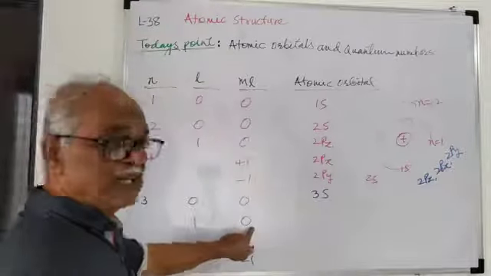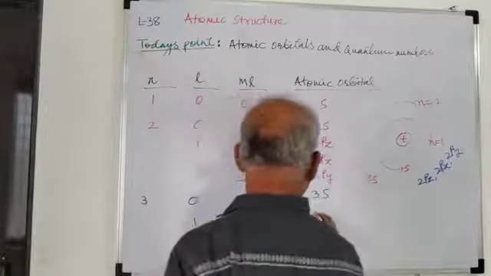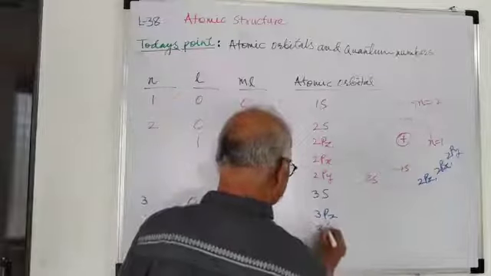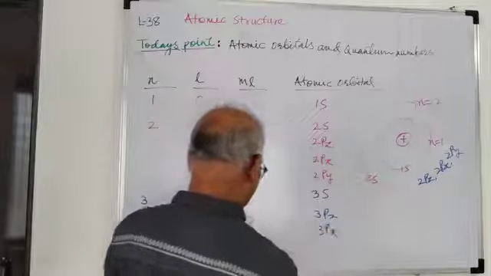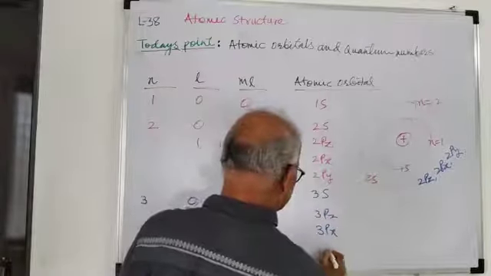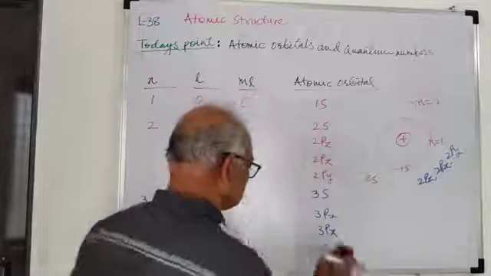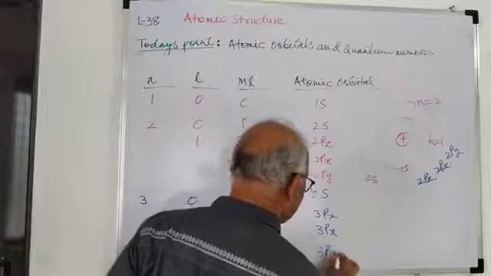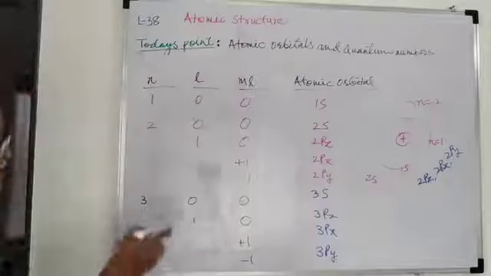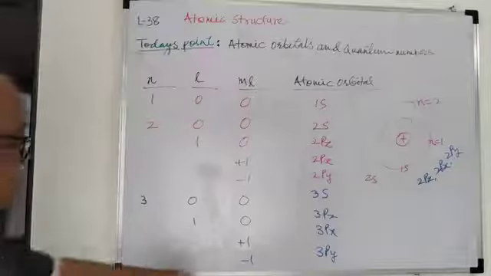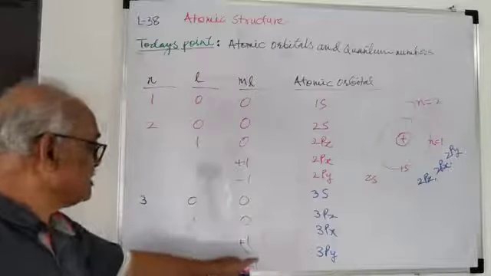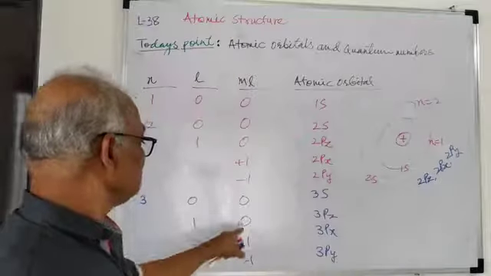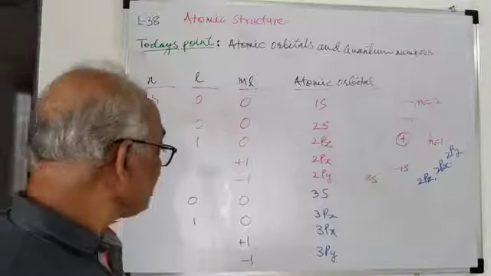For l equal to 1, ml 0 is 3pz, then plus 1 is 3px, then minus 1 is 3py. So we will have only these three values for this one l value.